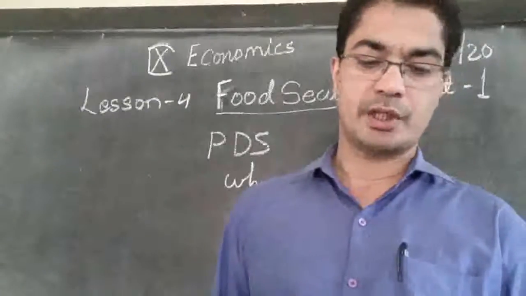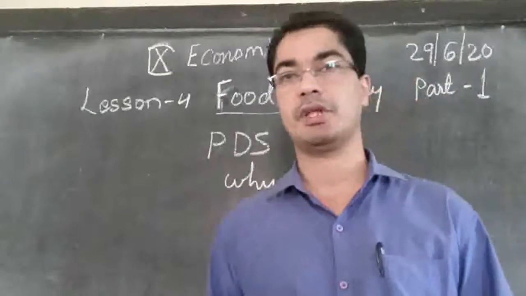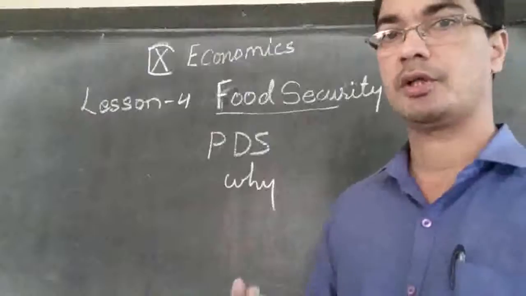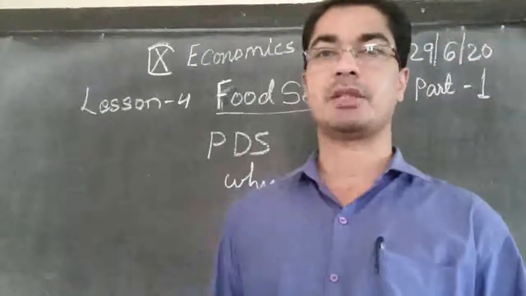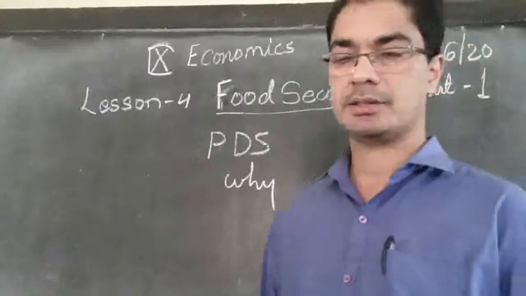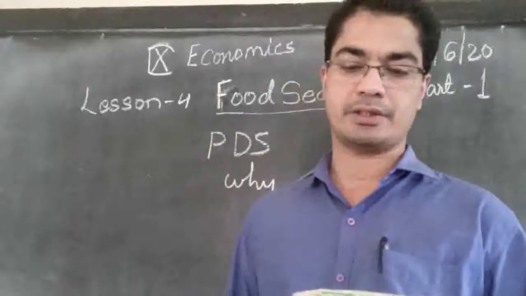How is food insecurity affected during a calamity? We said when there is a national calamity or natural calamity, even the poor people and the rich people, everybody suffers. Let's see how. Due to a natural calamity, say a drought, the total production of food grains decreases.